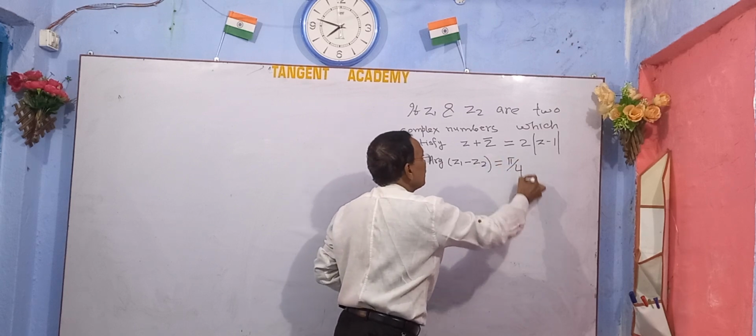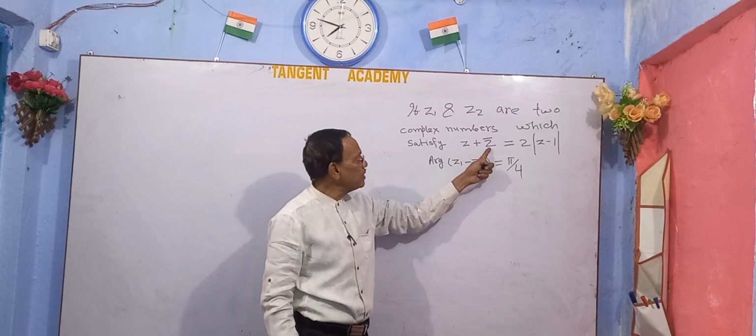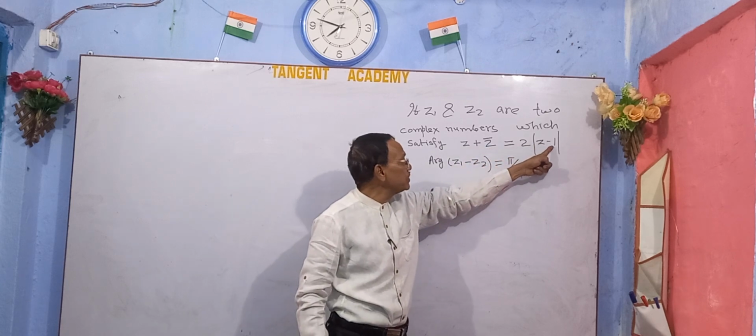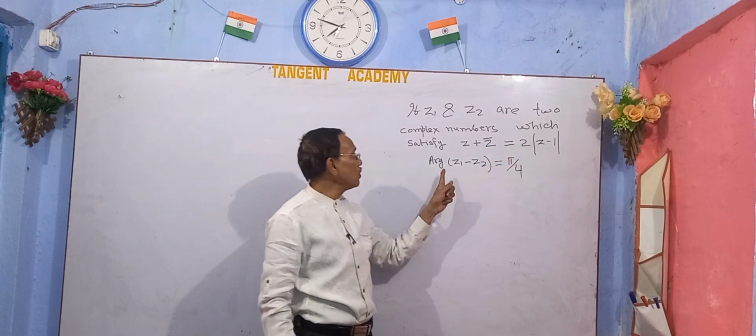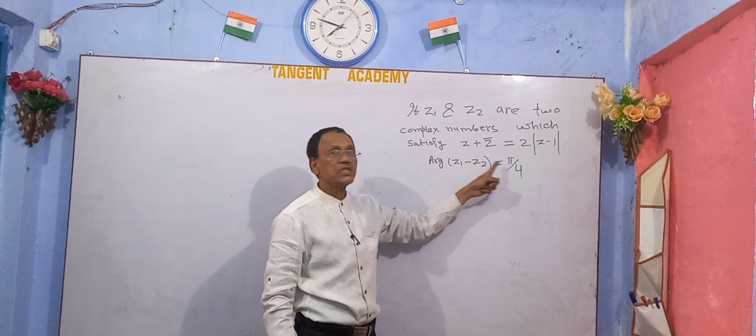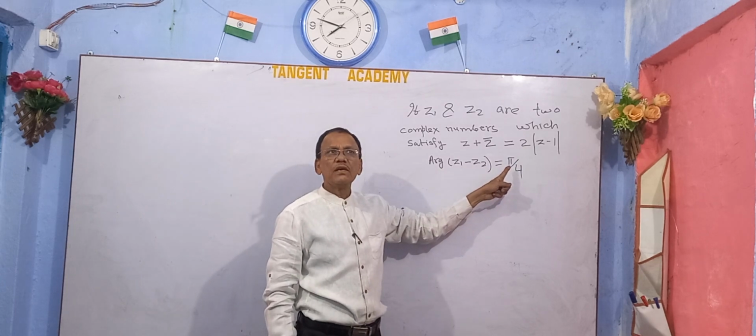These two things are given: Z plus Z bar is equal to 2 times Z minus 1, and the argument of Z1 minus Z2 is equal to pi by 4.